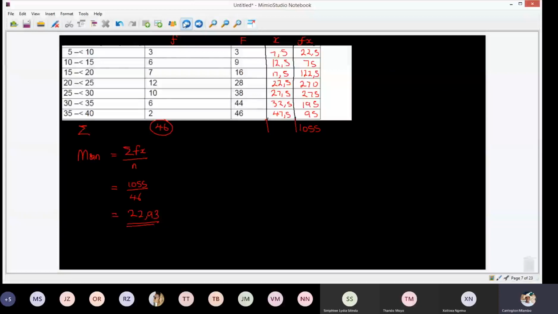The second part, Angela. I think it's the mode. How do you calculate your mode? Let me put the formula so that we don't rewrite it.